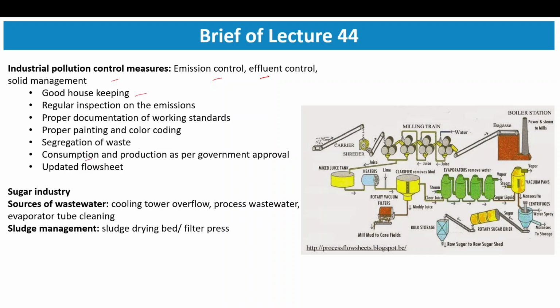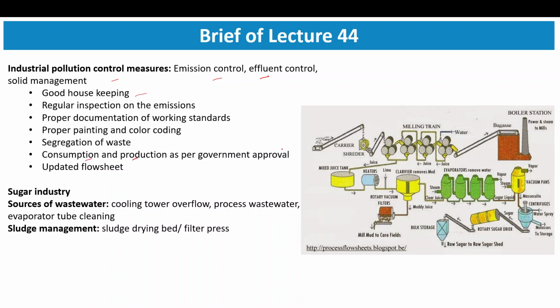Then there are industries which operate in batch mode. The consumption and production should be as per the government approval, because the government has approved a certain emission limit. If you produce more, then obviously the amount of waste produced will be more. Also, if you have a treatment plant designed for a particular capacity and you suddenly increase product formation, it will not be able to provide proper treatment.